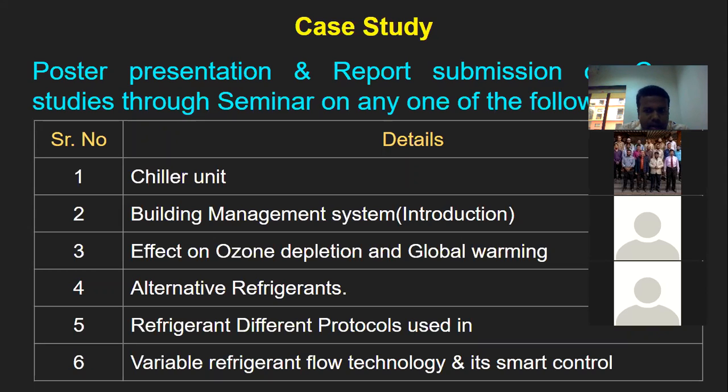See, the reason why I'm not asking you to choose is that many students come with the same topic. What happens is the same topic gets replicated multiple times, and one of the topics remains untouched. So the reason is the equal distribution of topics, and everyone should get an opportunity to work on a topic.